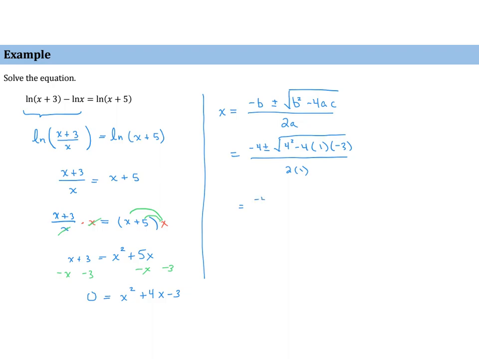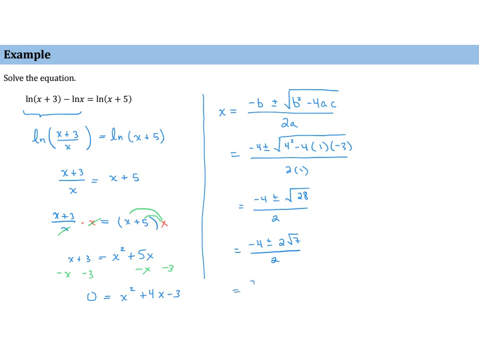So we have negative 4 plus or minus the square root of 16 plus 12, all over 2. So we have negative 4 plus or minus 2 square roots of 7 over 2.